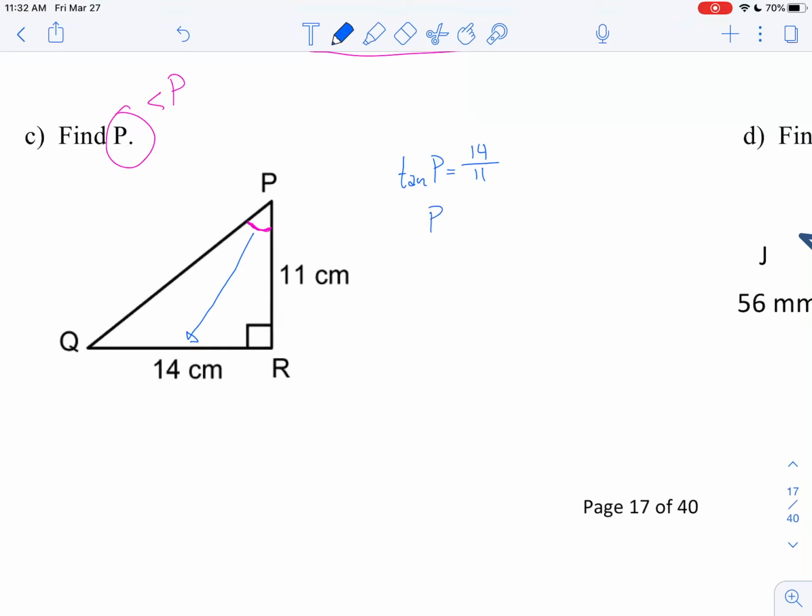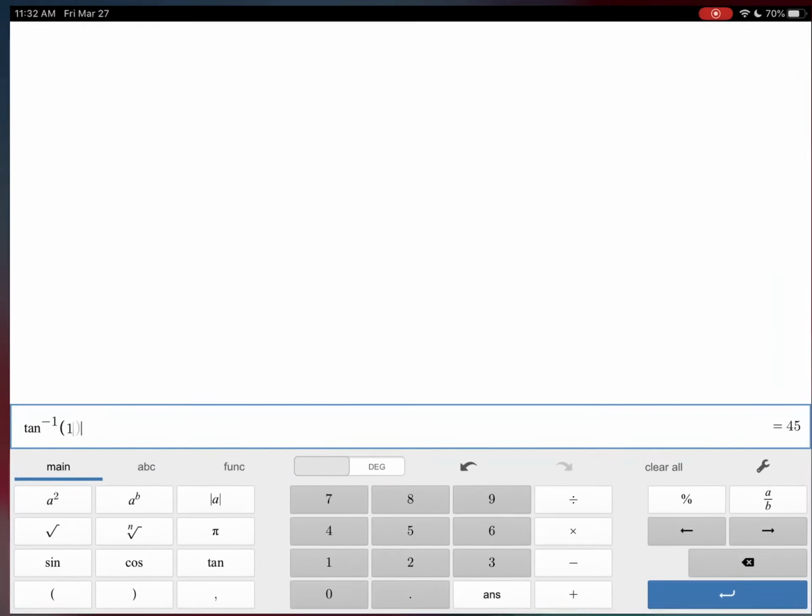And then to isolate for P, to get P all by itself, we take the tan inverse of both sides. I don't know how to reduce 14 over 11 very easily, so I'm just going to leave it as 14 over 11, and I can type that right into my calculator. Don't write it as a long decimal there and try to type that into your calculator. Let your calculator carry all the decimals for you.